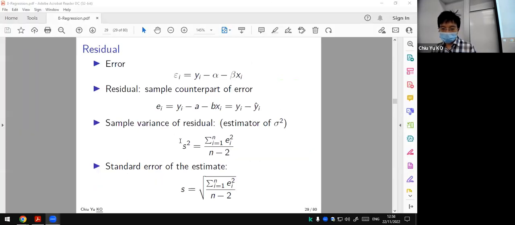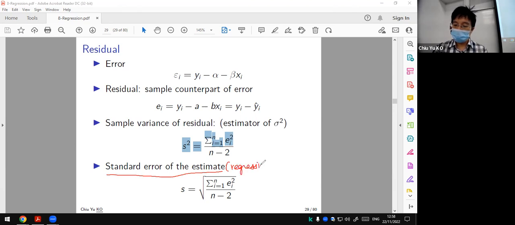So that is the sample variance, and in textbooks they call the square root of that the standard error of estimate, or sometimes the standard error of regression, depending on which textbook you use.